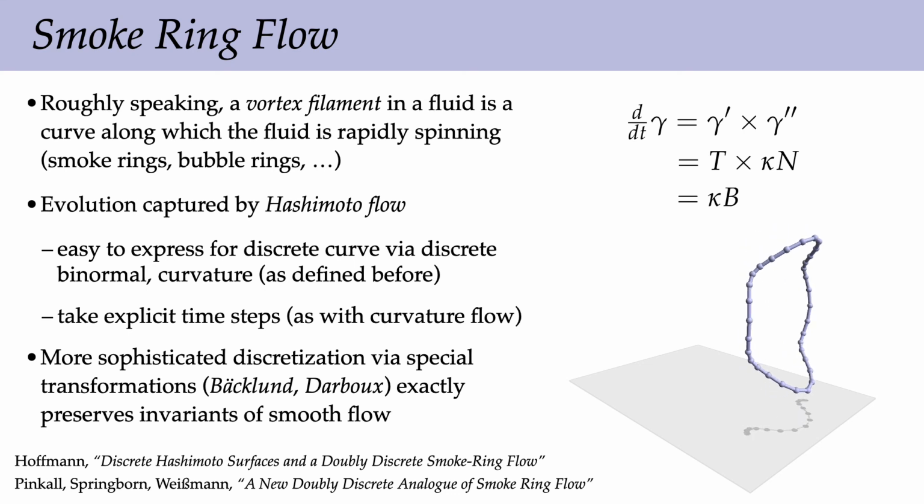Again, you can think in physical systems, you have conservation of energy, conservation of momentum, and so forth, and these discrete smoke ring flows also have very natural discrete invariance. This Hashimoto flow and discrete Hashimoto flow also have very deep connections to the area of integrable systems and discrete integrable systems. So this is kind of an adjacent topic of sort of discrete geometric mechanics.